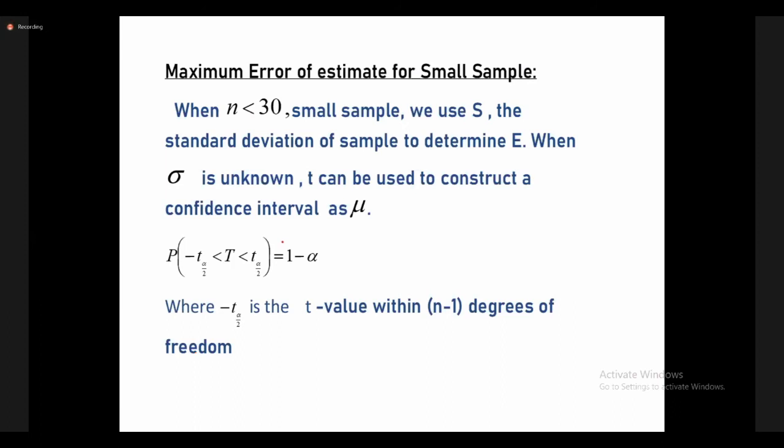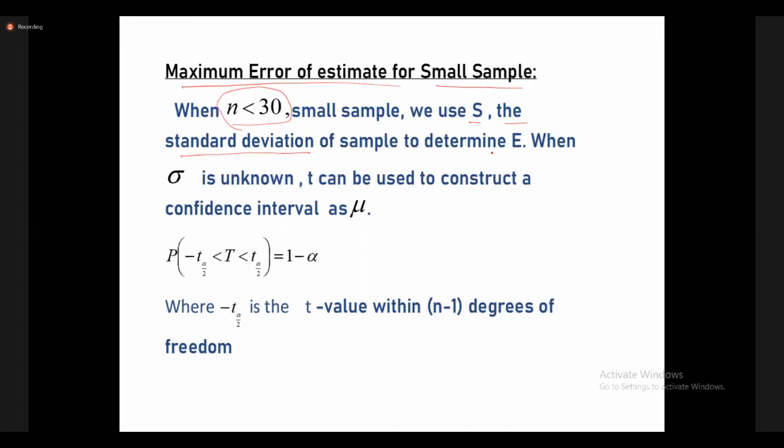So the maximum error of estimate for small samples. Small samples means n is less than 30. We use S, the sample standard deviation.